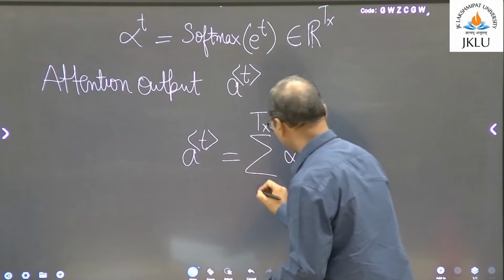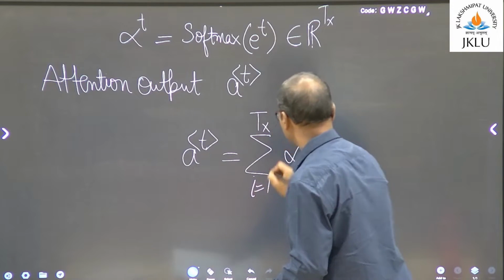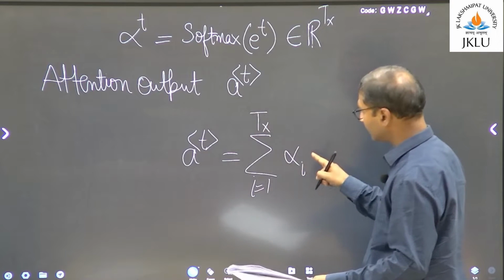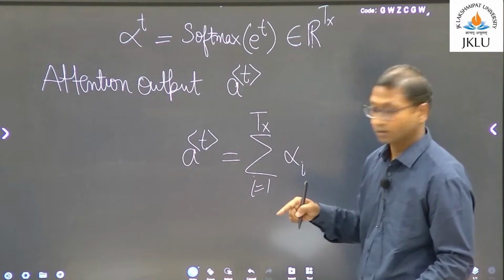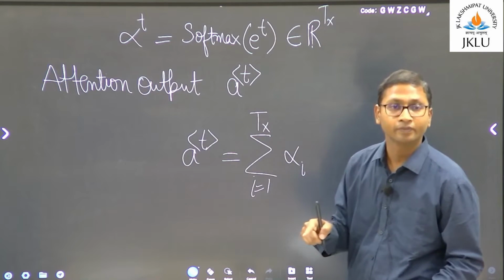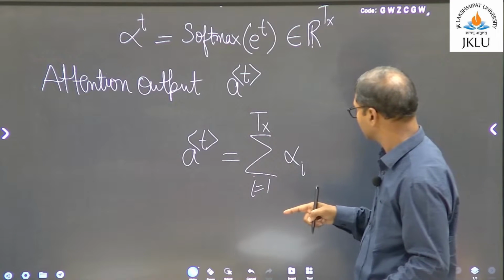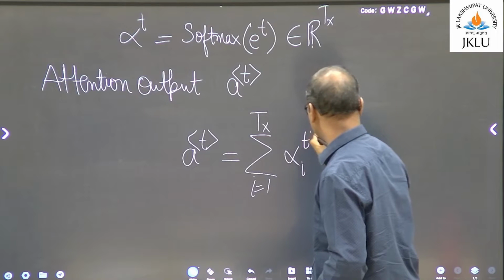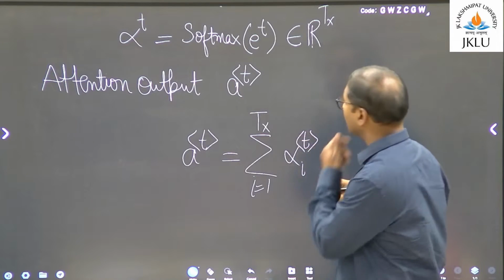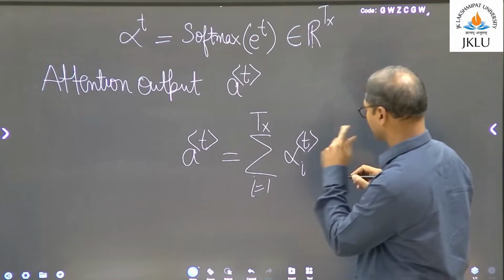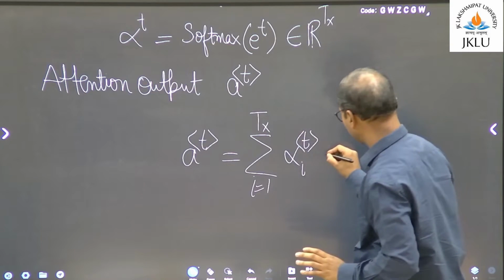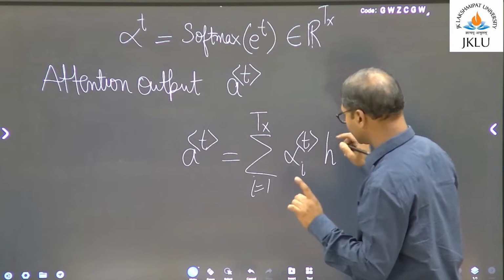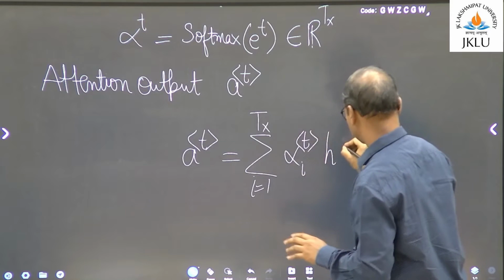So I goes from 1 to Tx, alpha I, what else? This one, and H, so H I, yes.